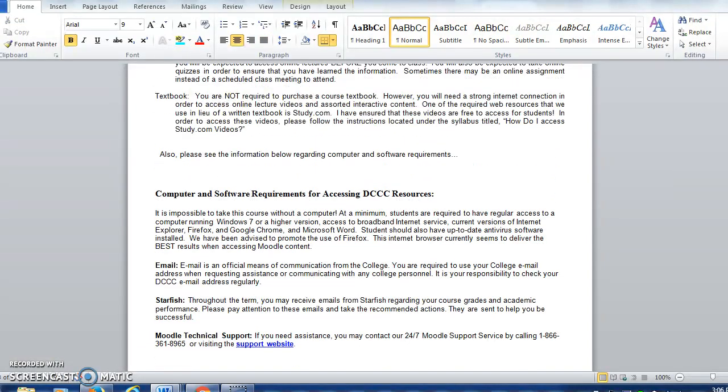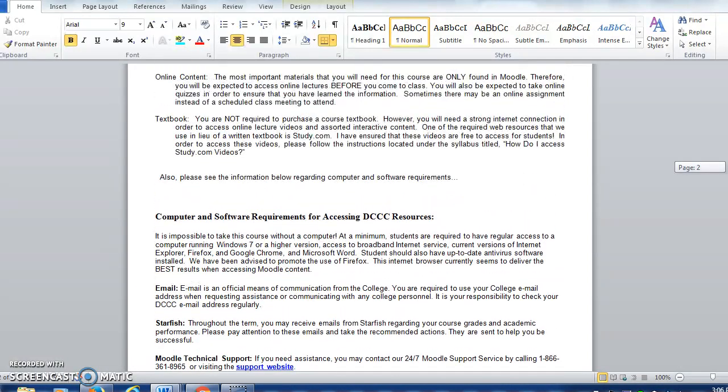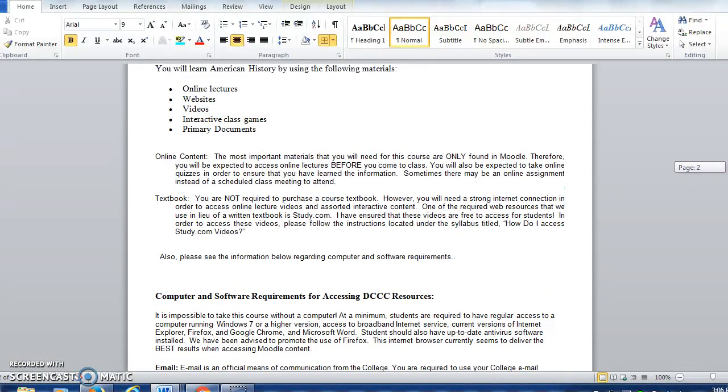How to access content: we're always told to really push people to use Mozilla Firefox. Google Chrome tends to do well also. It tends to perform well. I've had students who've had issues with Internet Explorer, so I would be mindful of Internet Explorer.